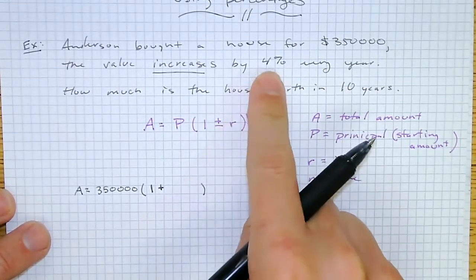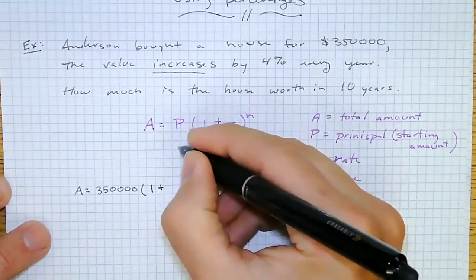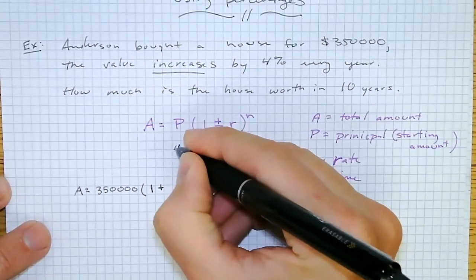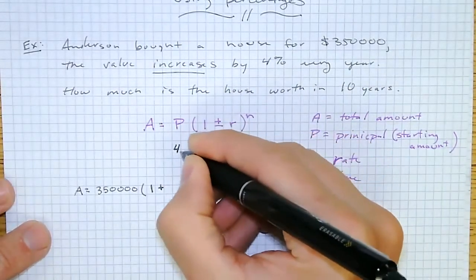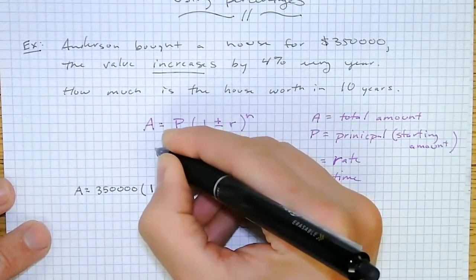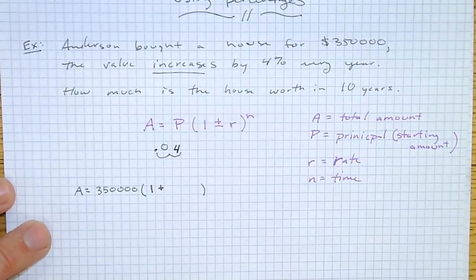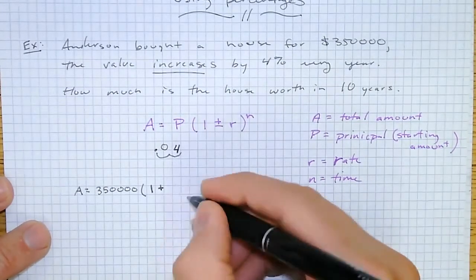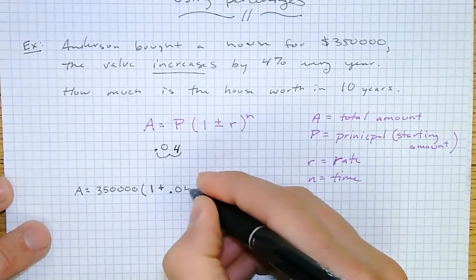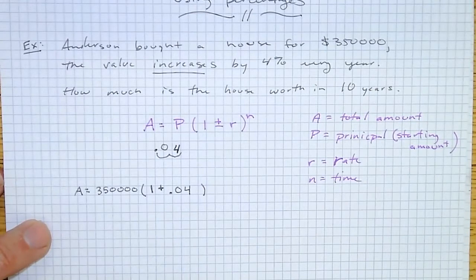Okay, and then we want to write our percentage as a decimal. If you recall, changing a number from a percent to a decimal, you move it to the left 2 places. So our interest rate is 0.04, written as a decimal.